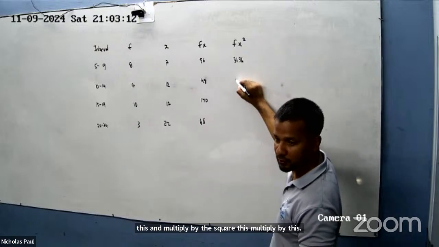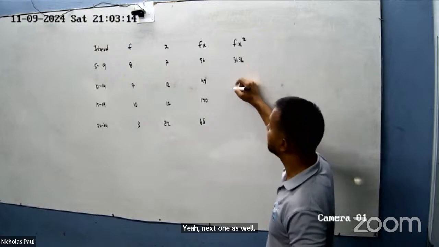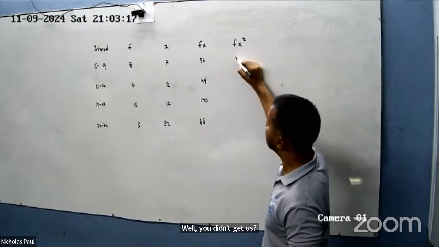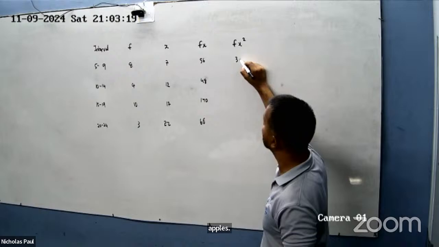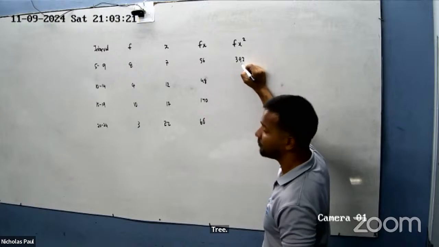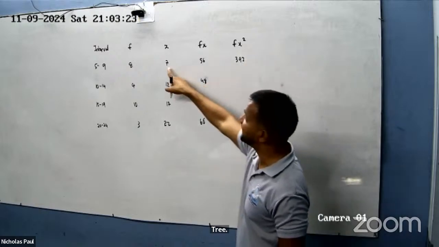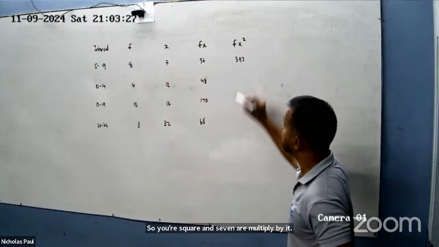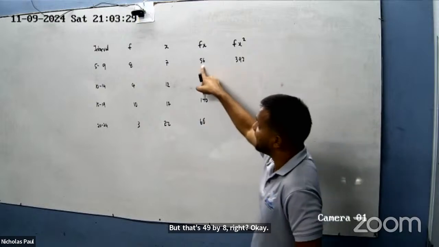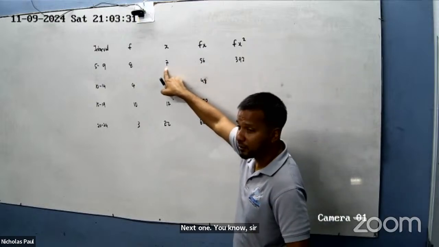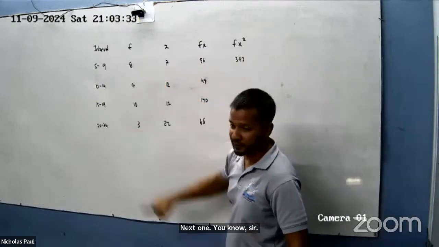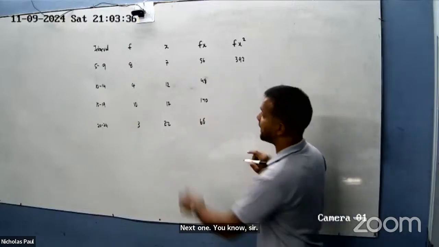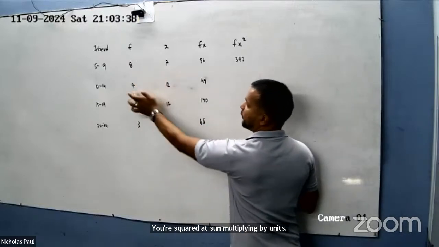Oh, you didn't get this? So you're squaring 7 and multiplying by 8. That's 49 by 8. Next one, you're not squaring this, you're squaring x and multiplying by 8. x squared by 8. 12 squared by 4.